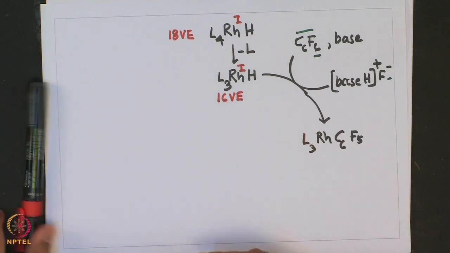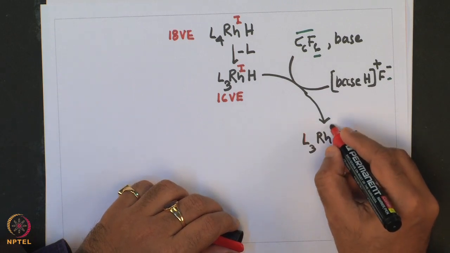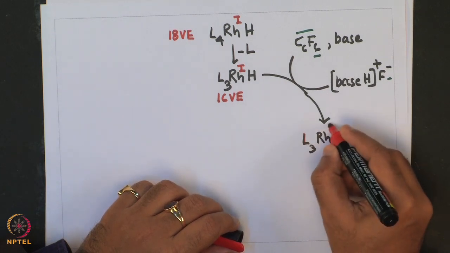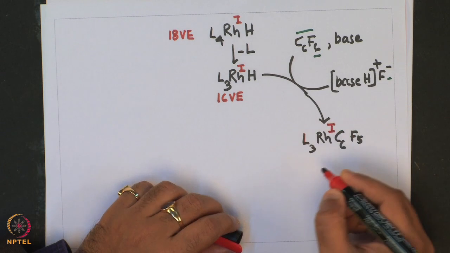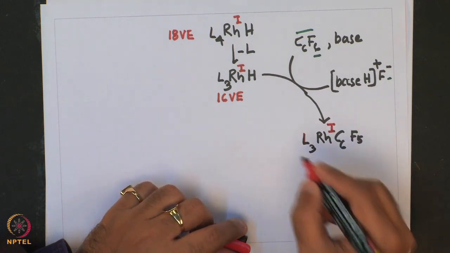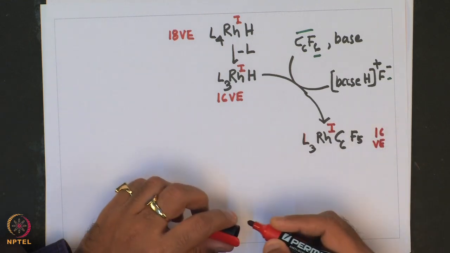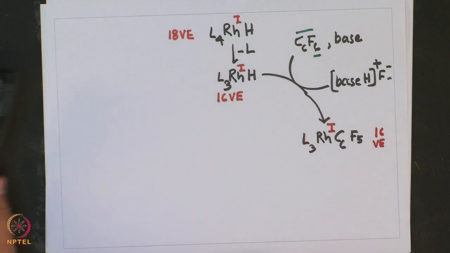This itself is also a rhodium 1 compound, and it is a 16 valence electron complex.